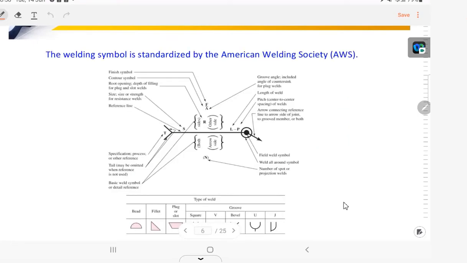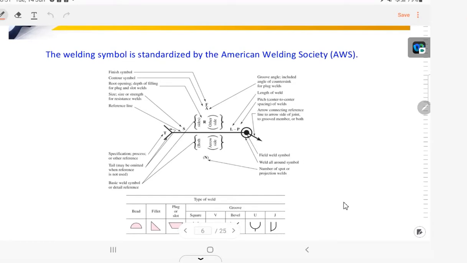Okay, this is the symbols of welding, the welding symbol. So it is standardized by the American Welding Society. Also, we use it in our assembly drawing, for example.